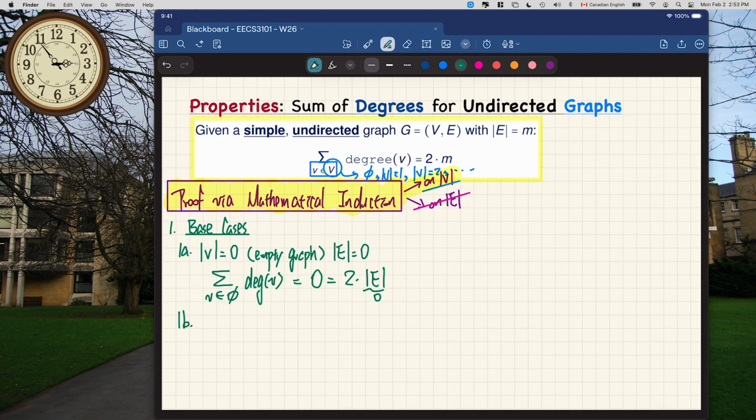So let's think about if the number of vertices is equal to 1. So now, this one here is not empty graph anymore, right? Accordingly, we have to think about what are the possible range of the edges, given that there's only one vertex. Any idea? I heard 0.